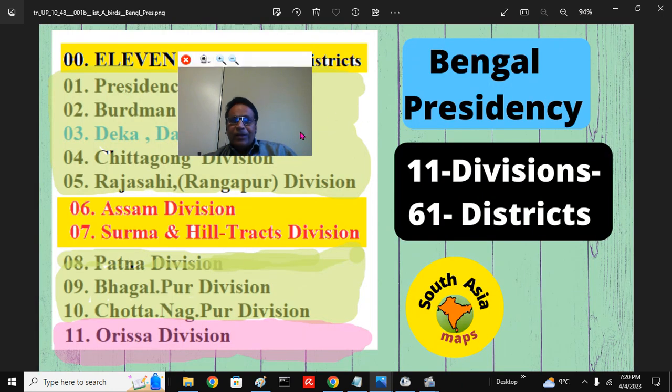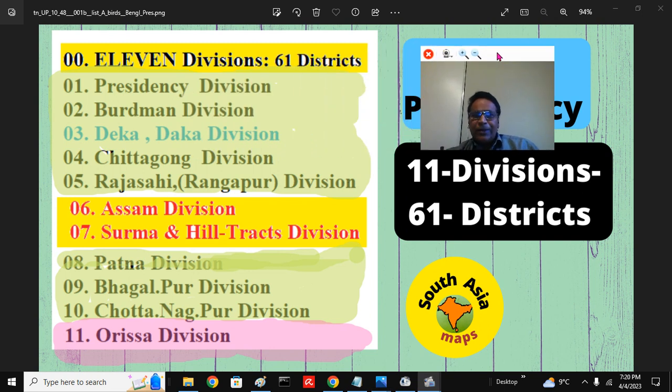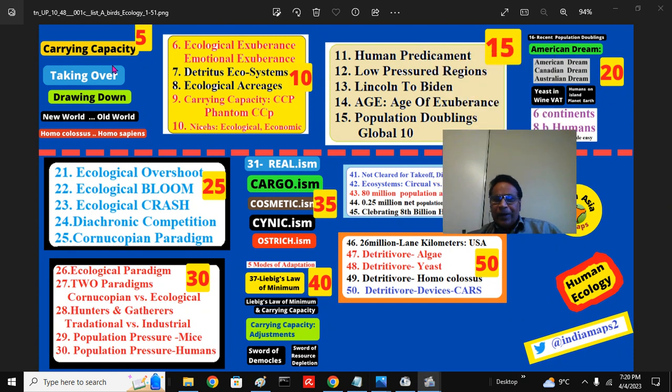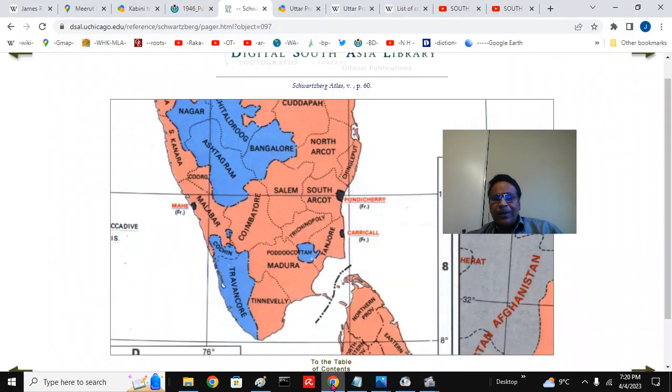Before that, I also covered the Bengal presidency, 11 divisions and 61 districts, and you can look at them. It is very important from an ecological and human perspective when you talk about 250 million people living in a very small area.